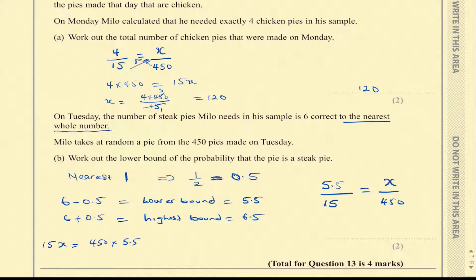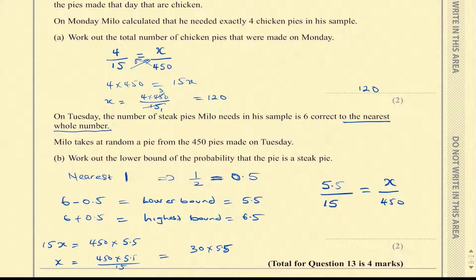So x will become 450 times 5.5 over 15. And that implies that, well, how many 15 in 45? That's 3. So that would be 30 times 5.5.